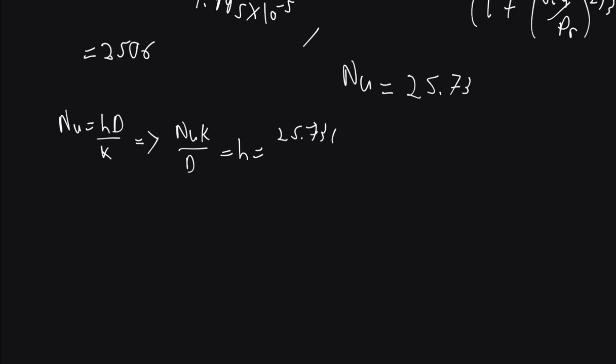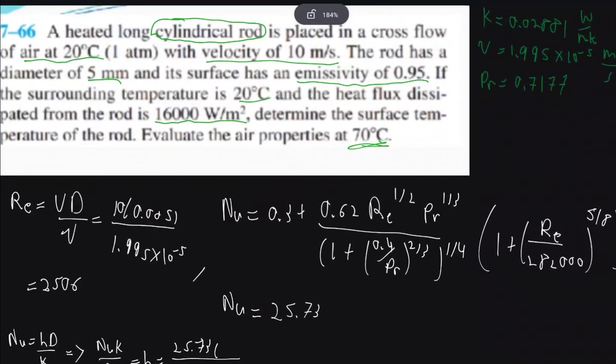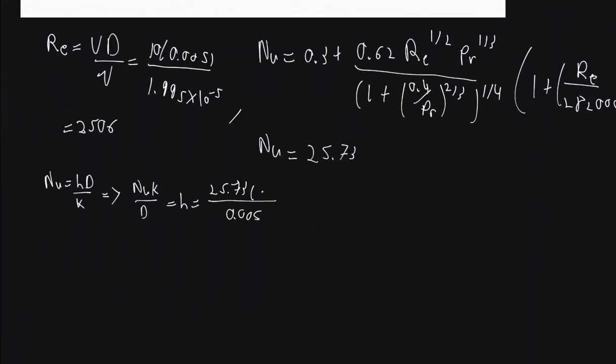So 25.73 times k over D. I remember D, and k is 0.02881. So we type all of this into the calculator. We get 148.3 watts per meter squared Kelvin. So that's h.